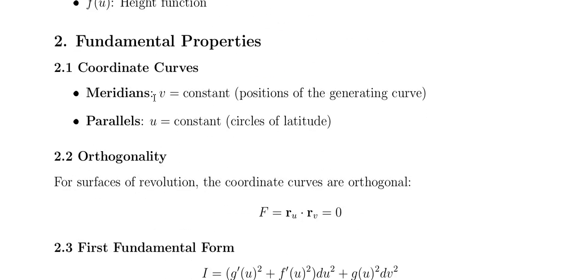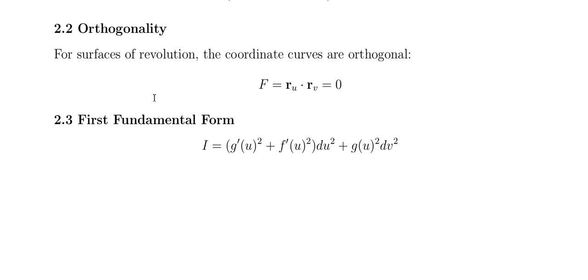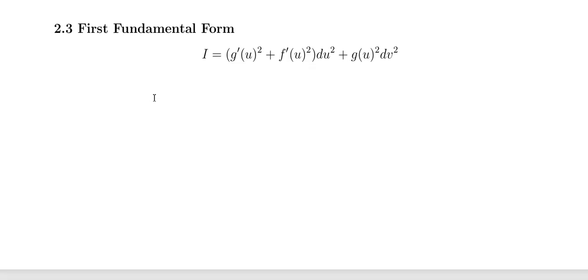So what are the fundamental properties? Meridian is v equal to constant and parallel is u equal to constant. Orthogonality பார்த்தீங்கன்னா ru dot rv equal to 0 for the surface of revolution. And first fundamental form இது.